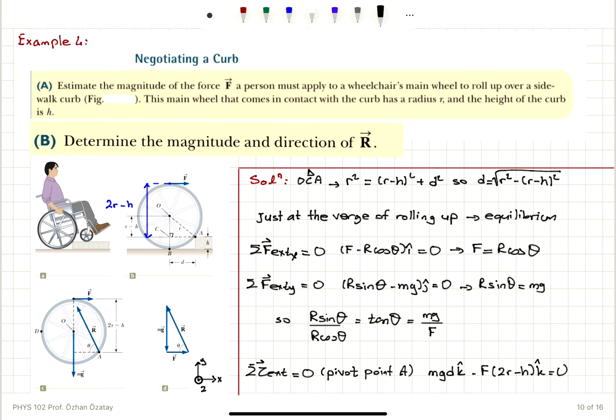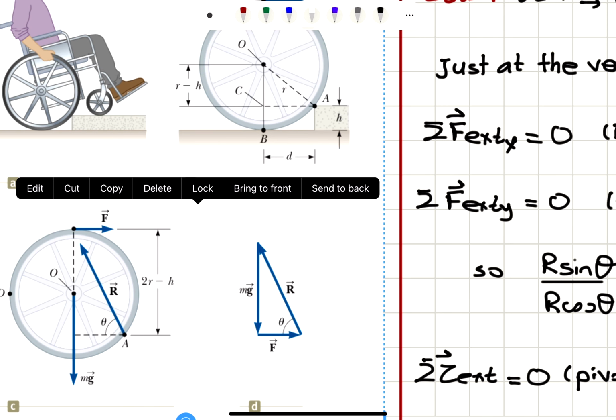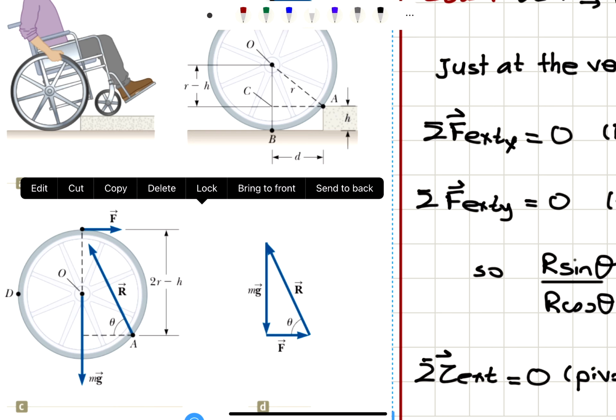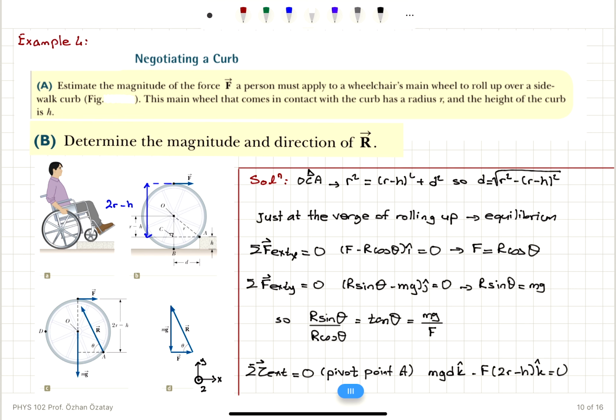Now I have written the translational equilibrium requirement. The net force on the x-axis should be 0. I look at the forces acting on this wheel because I'm just leaving the ground contact point here. I will basically have no normal force acting on it, and at the same time I have the center of gravity in the middle, mg, pointing down, and I have this force F pointing to the right.